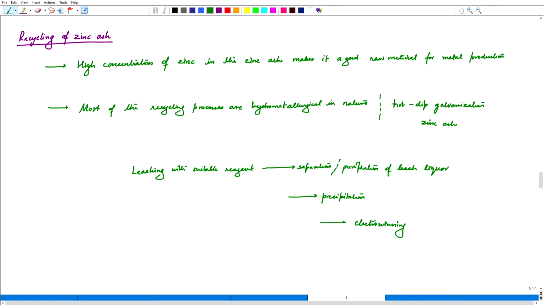And hydrometallurgy is one of the key dominant routes using which we can extract zinc, and we have seen how after leaching we will be going into purification of solution and then electrowinning finally to get the finished metal product.